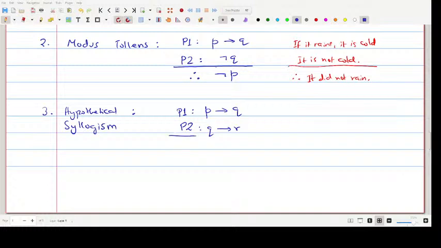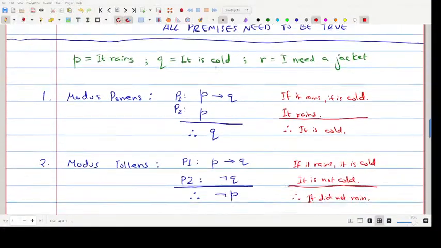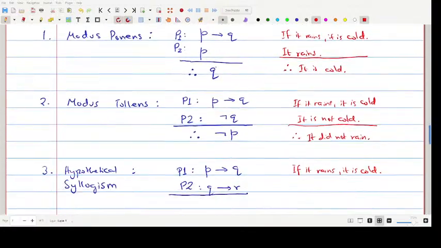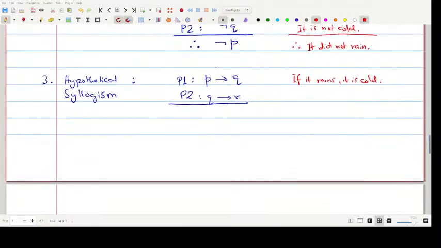So we have two statements here. In parallel, as we have been doing over the last two rules, let's write down the interpretation according to the given example. P implies Q means if it rains, it is cold. Q implies R means if it is cold, I need a jacket.